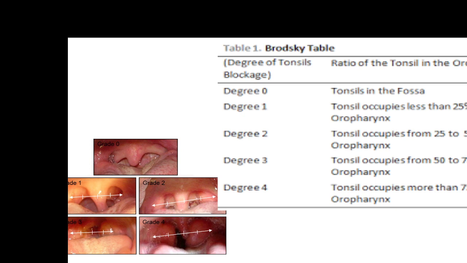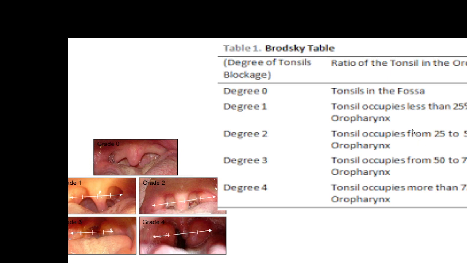To assess the degree of tonsillitis, the standard protocol is the Brodsky table or Brodsky's standard, which is related to the ratio of the tonsils to the oropharynx. When the tonsils are within the fossa and you do not see the tonsil, that is what we call grade 0.